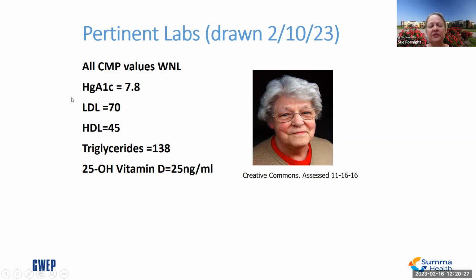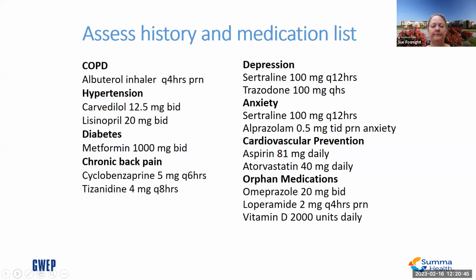For those of you who aren't medically oriented, the hemoglobin A1C measures how well her diabetes is doing. Her cholesterol is okay, and her vitamin D level is just a little bit low.